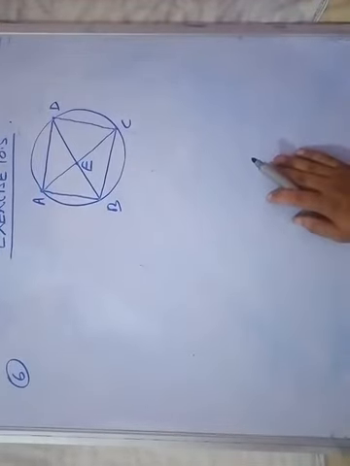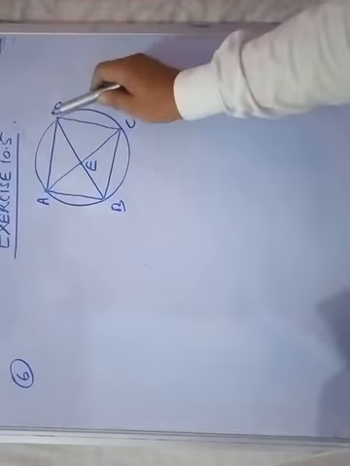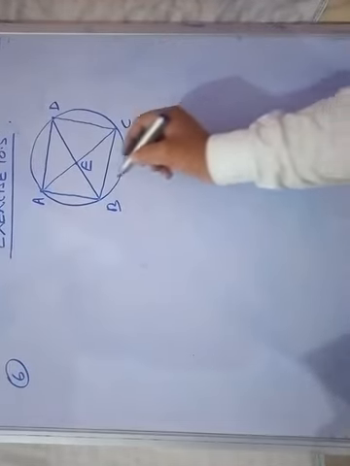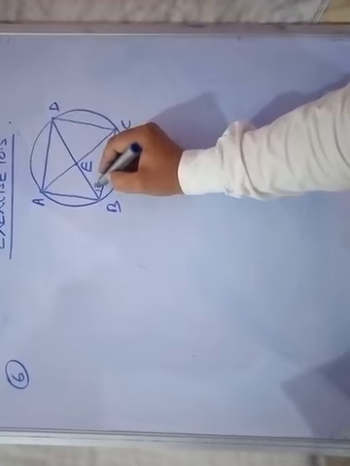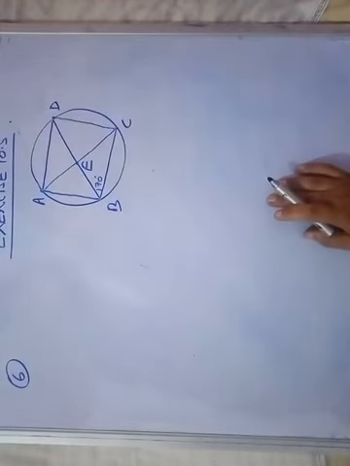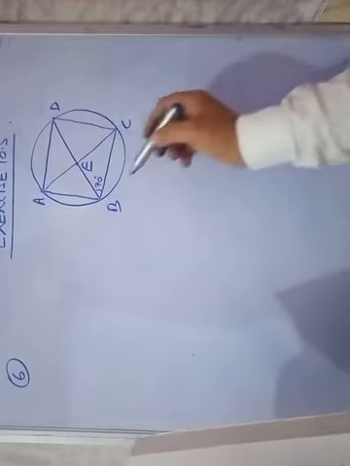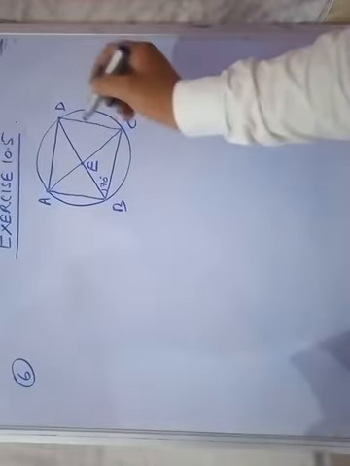If angle DBC equal to 70 degree, this is 70 degree. Angle BAC is 30 degree.